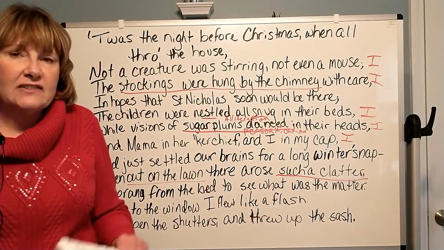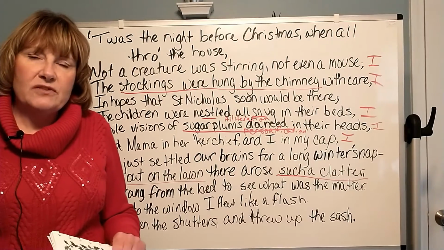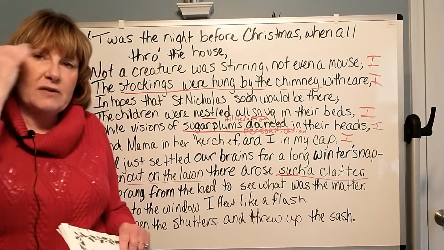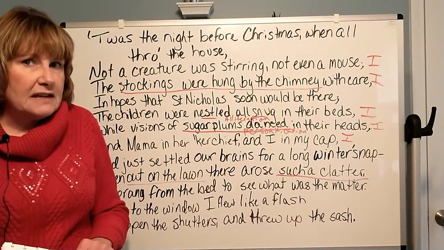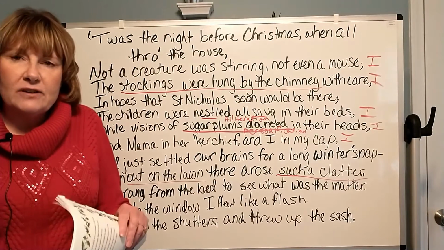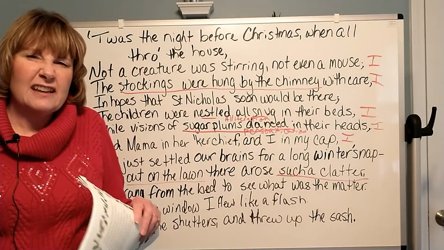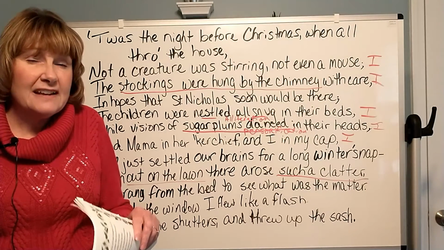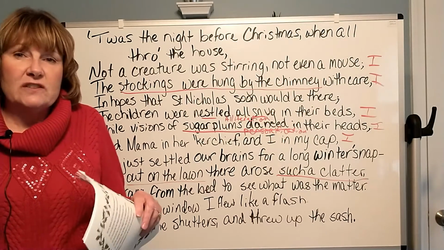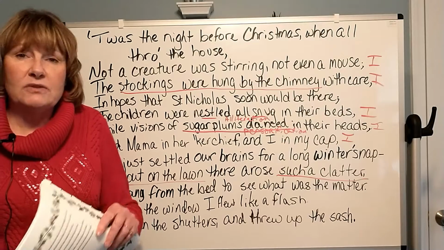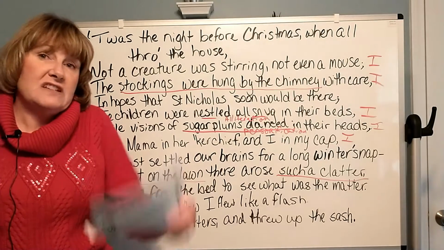Now clatter is a sound, and we said that with imagery, we not only talk about what we can see, but what we can hear. And a clattering noise, even the word clatter, doesn't sound very nice. It doesn't sound very soothing or pleasant to the ear. A clatter is usually a sound that you might hear when somebody drops a tray of dishes.